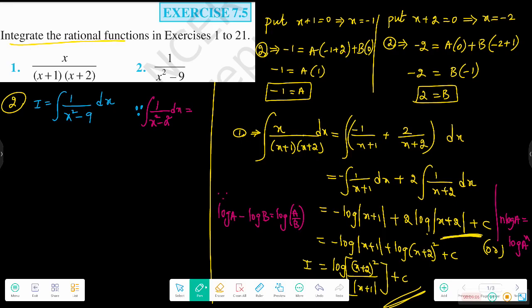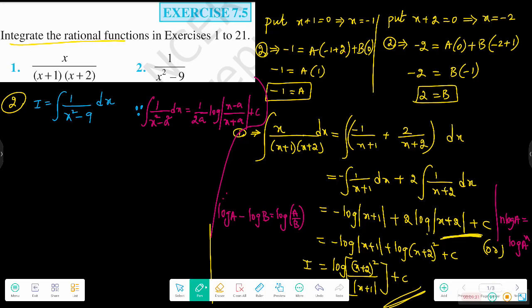That is what I'm going to give. So 1 by 2 times a, log of, in the denominator, x plus a, numerator x minus a. This is the formula which I am going to use. Have you remembered this formula?